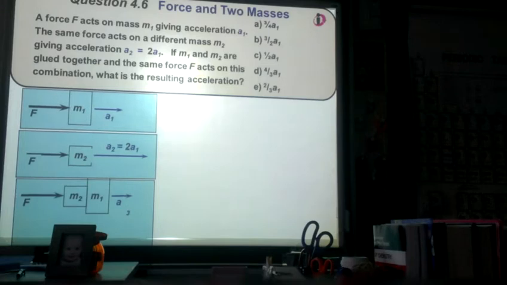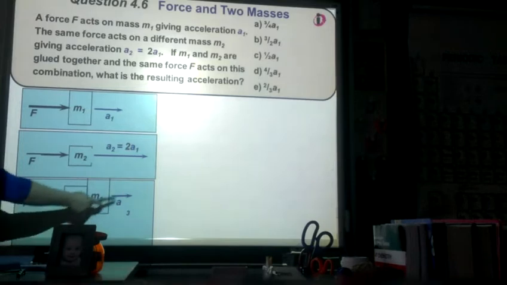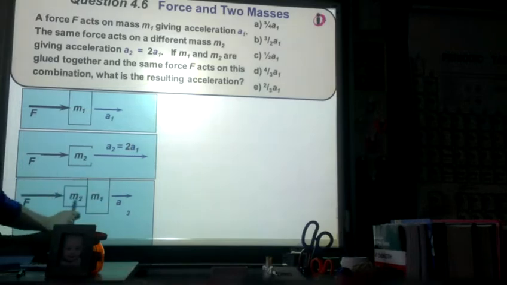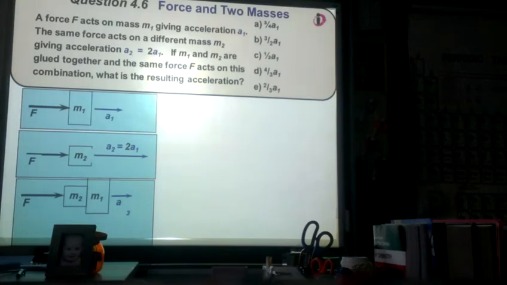It says if m1 and m2 are glued together, like I see down here in the bottom one, so it goes m2 and then m1, and the same force acts on this combination, what is the resulting acceleration?